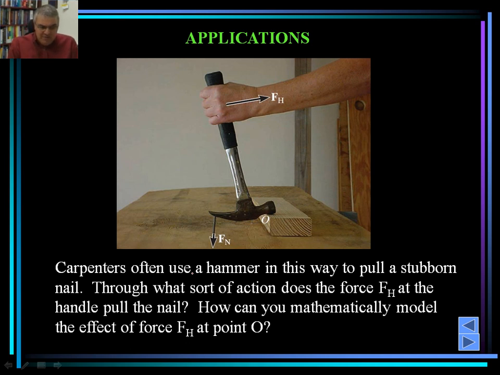But if you use a support, just a 2x4, as the support, then it is much easier to pull out the stubborn nail. So how could we mathematically model the effect of force F sub H at point A, and who cares? That could be one of the questions in your mind. Well, we do care about this.